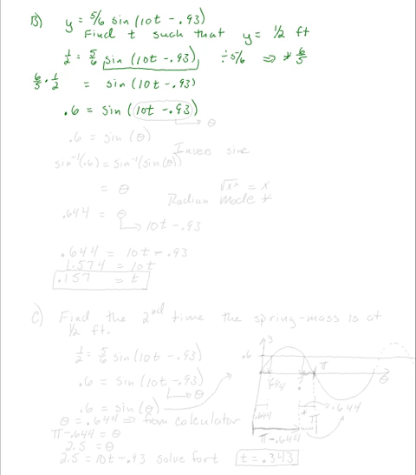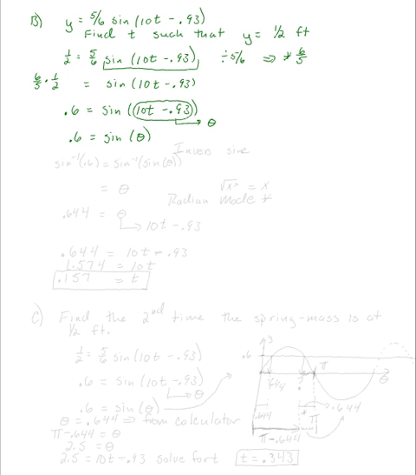Okay, so I'm going to do something similar to what I did in part A. That is, I'm going to make this a simpler looking equation by first solving 0.6 equals sine theta, where again I've replaced the inside part, 10t minus 0.93, with theta. Now this one's a little more difficult because I can't look at my graph to find what theta should be, because 0.6 is not a nice number.